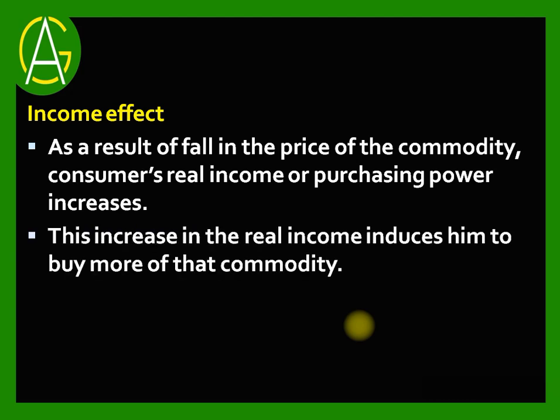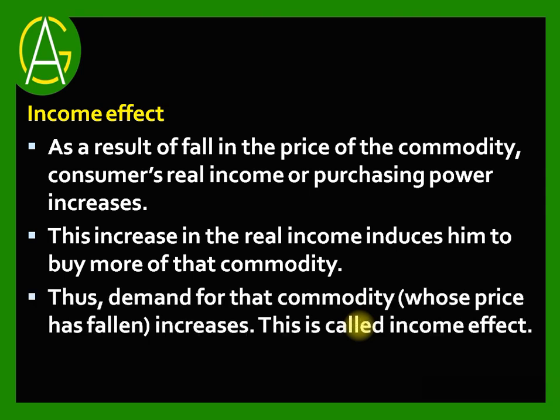This increase in real income induces him to buy more of that commodity. When the price of that product decreases, the person's purchasing power increases, and when the purchasing power is increased, the person will be induced to purchase more of that commodity, and when he purchases more, the demand will increase. Thus the demand for that commodity whose price has fallen increases, and this is called the income effect.